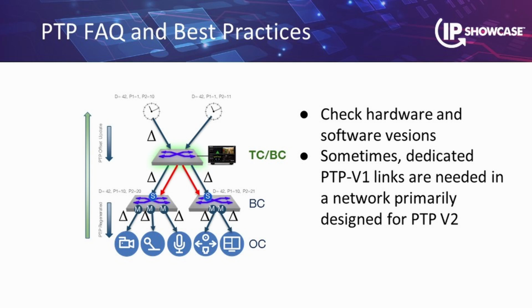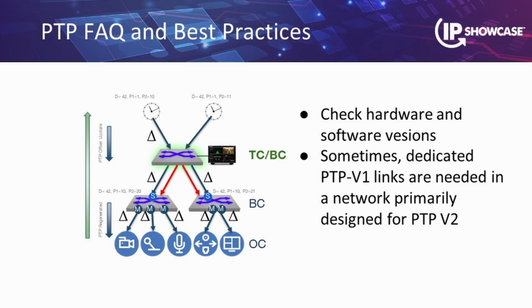In some cases, I need to actually add extra links between the switches just for PTP version 1, because I cannot, on all switches of all versions of software, have PTP version 1 traffic traversing the same link as PTP version 2 traffic in a boundary clock mode. So therefore, I need to have extra links. It just adds complexity to the network from a configuration perspective. It technically can be a bit of a waste of ports too.